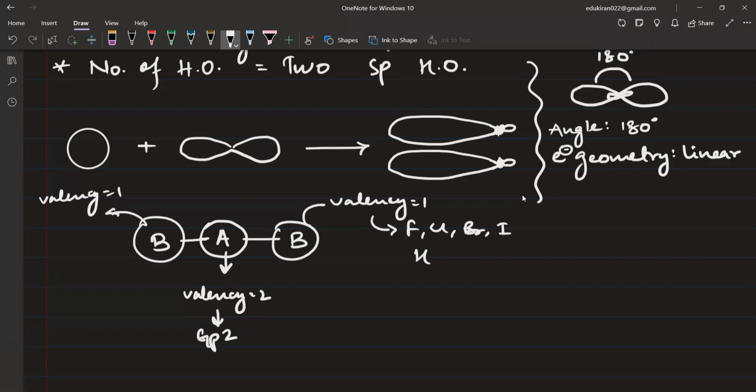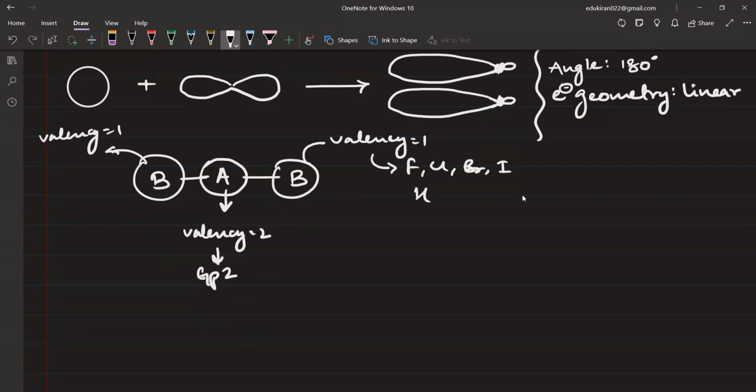All the group second elements are going to have valency 2, but most of them make ionic bonds. And if you remember the diagonal relationship and the anomalous behavior of the second period element, in that we say that beryllium, the majority of the time, has covalent character. Beryllium is the one that we are going to use, and any one of these you can use.